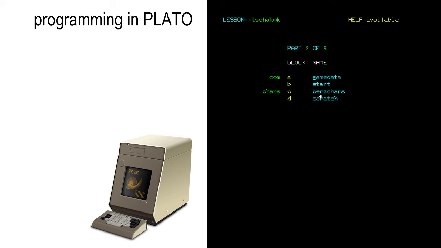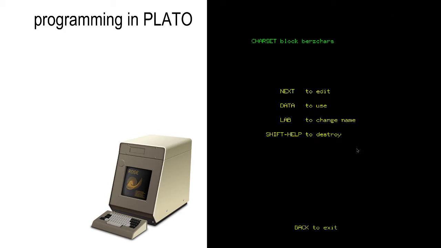And I'm going to show you another particular trick here. The editor is touch sensitive, so if I select with my mouse there, or with the touch screen, that particular area, then it takes me right to that particular block editor. In this case, it's a character set, so we have a character set editor.